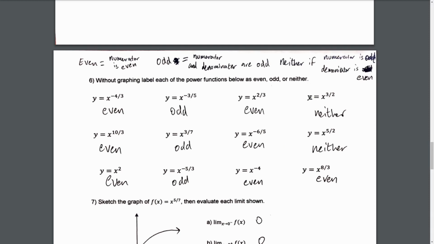Next we have y equals x to the 3 over 2, so the numerator is odd and the denominator is even, so this would be neither. Next we have y equals x to the 5 over 2. Again, the numerator is odd, but the denominator is even, so this would be neither. Finally, we have y equals x to the 8 over 3. The numerator is even, so the function would be even.